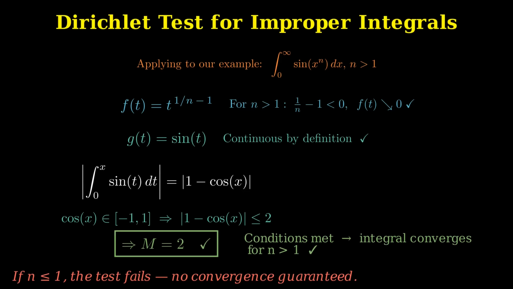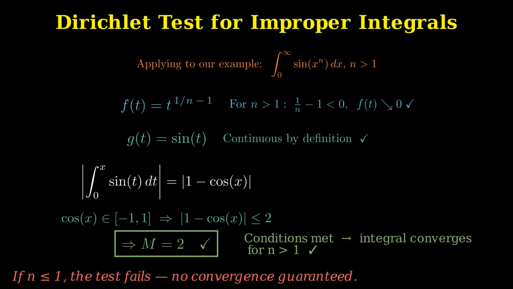We know that cosine of x oscillates between negative 1 and 1 as x approaches infinity, meaning that the integral of g of t from 0 to x oscillates between 0 and 2. It's bounded by m equals 2 for all x greater than a. So our original example integral does indeed converge for n greater than 1. If n were not greater than 1, the test would fail and we don't get a converging answer.